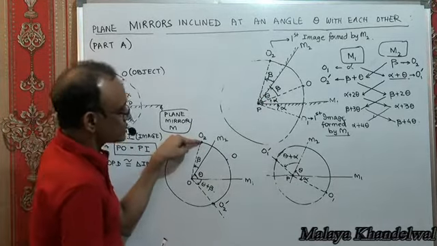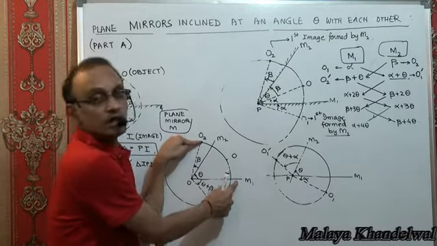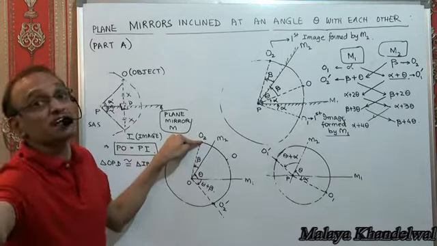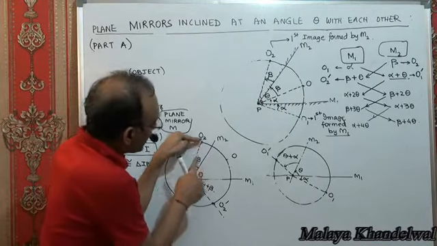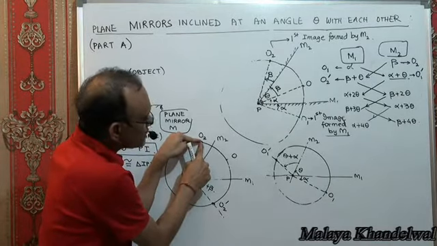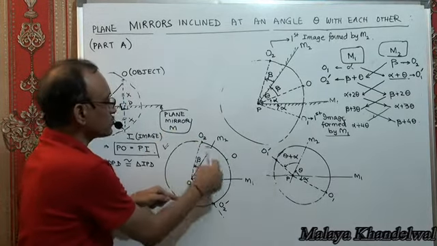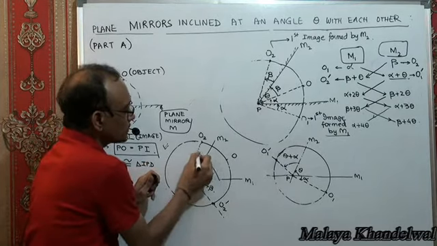Now this image formed by M2, first reflection from M2, acts as a virtual object for M1 and would be the image formed out of second reflection from M1. So then if this is an object for M1, then this angle would be theta plus beta, right? This angle is going to be theta plus beta.